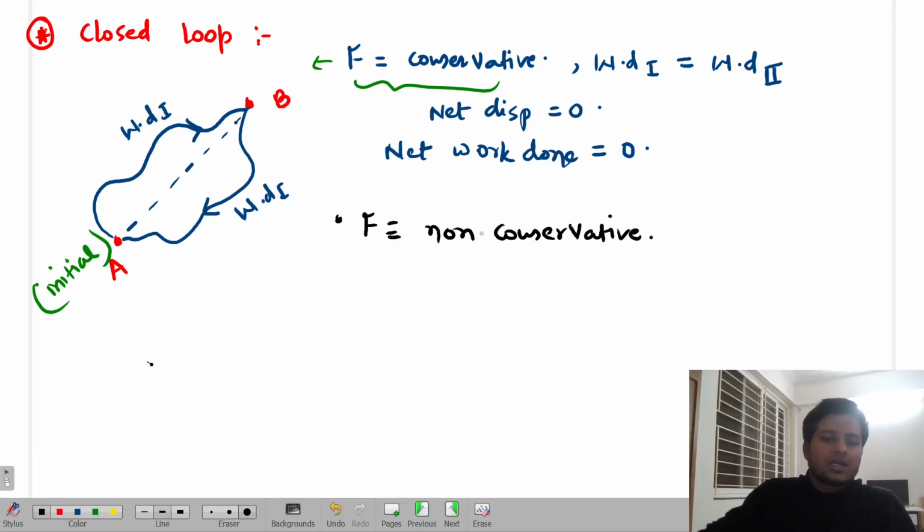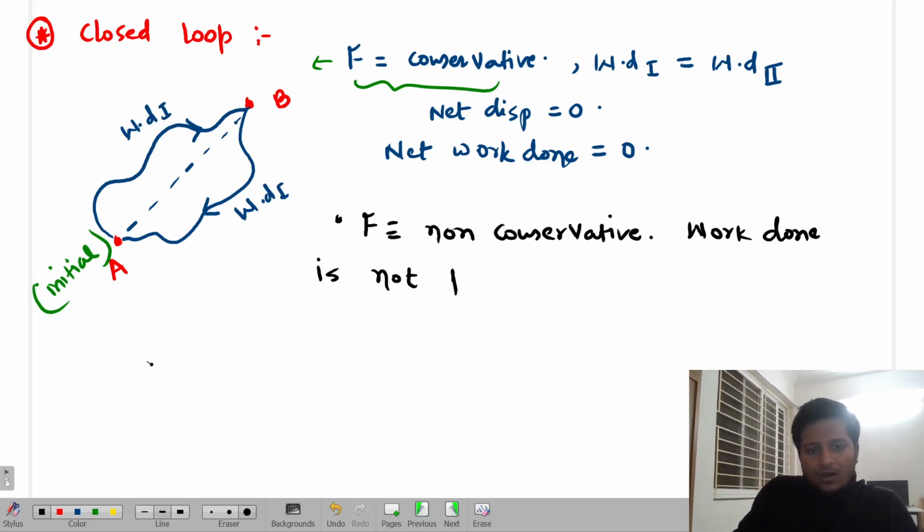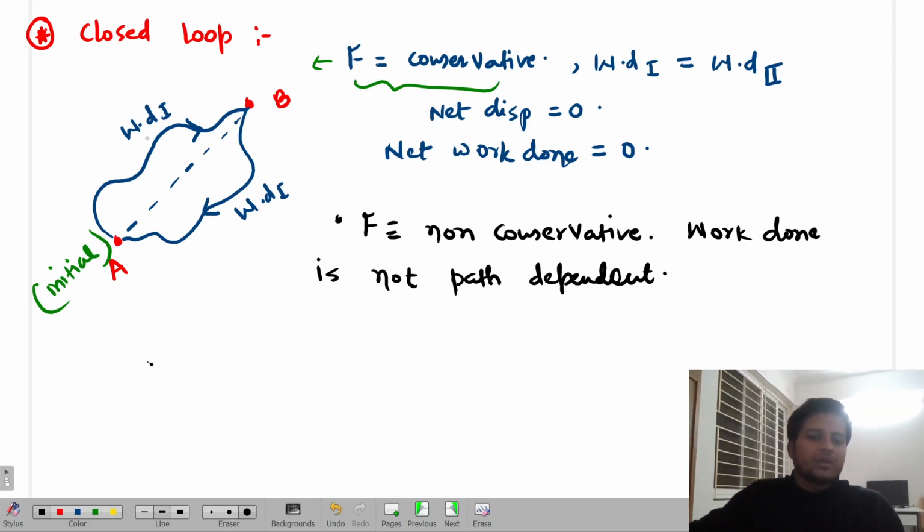If the force is non-conservative, we know that for non-conservative force, work done is not path independent. So that means the work done in the first path and the second path will be totally different, or not?